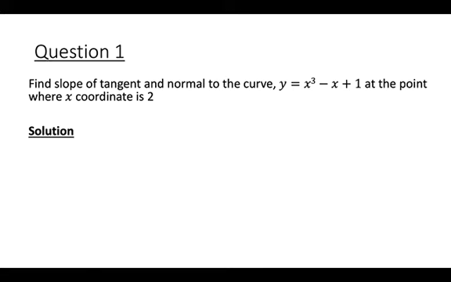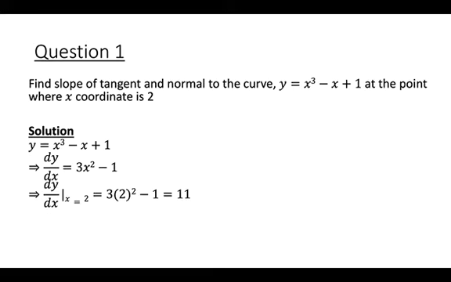Here, equation of given curve is y equal to x cube minus x plus 1. And we know slope is dy by dx. So, differentiating with respect to x, dy upon dx equal to 3x square minus 1.